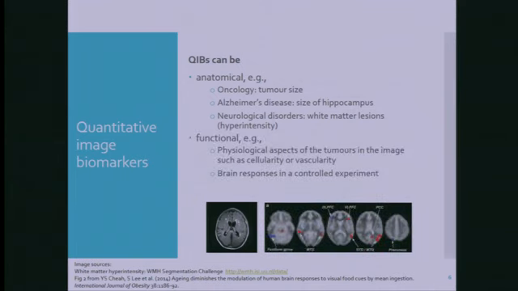And not only anatomical, we can also look into functional. For example, using dynamic contrast enhanced MRI, you can study the physiological aspects of tumors. We can also look into brain responses in a controlled experiment, for example a memory test, and then image these brain signals.